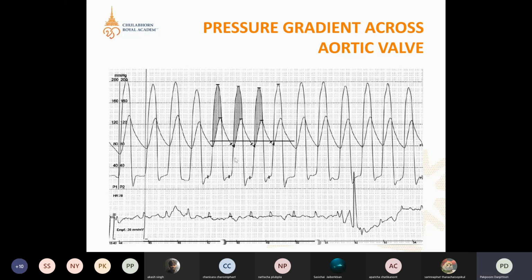The first dome is for monitoring the LV pressure from the catheter inside the left ventricle. The other dome we will use to monitor the arterial pressure from the femoral artery by connecting to the femoral sheath.